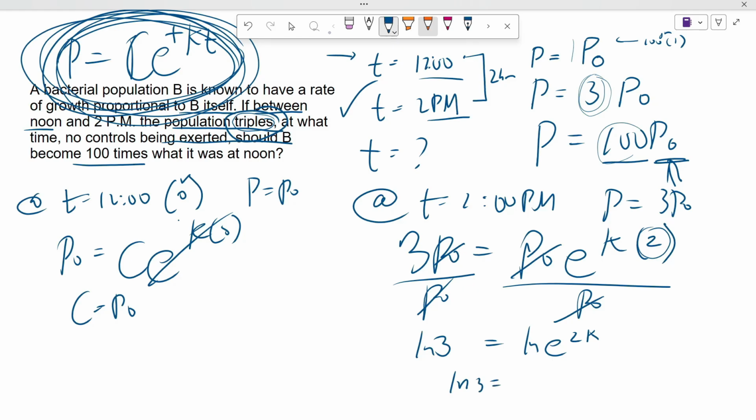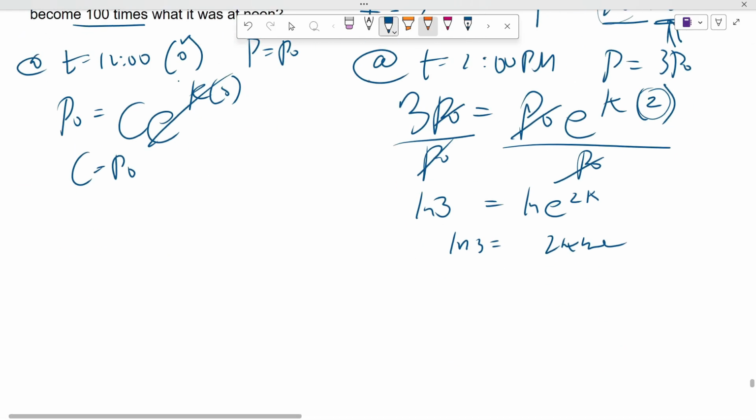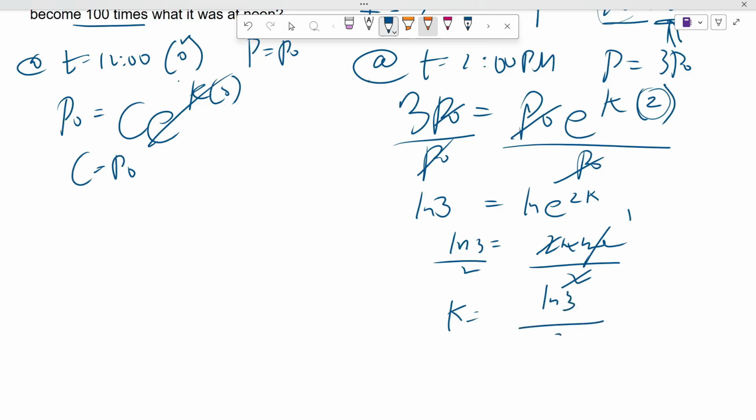So, ln of 3 equals 2k times ln of e. ln of e is automatically 1. Divide by 2. So k equals ln of 3 all over 2.